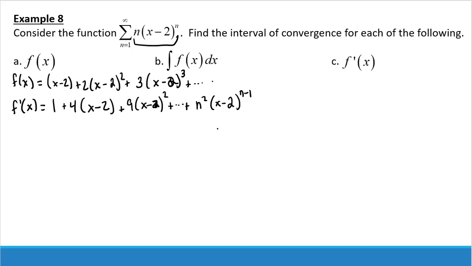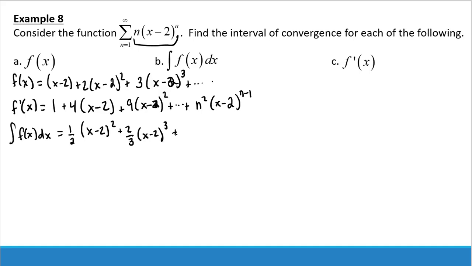Okay, now if I integrate f of x with respect to x, remember we would have some constant c in there. If I were to integrate this function, I would have 1/2 x minus 2 squared plus 2/3 x minus 2 to the third plus 3/4 x minus 2 to the fourth, and so on.